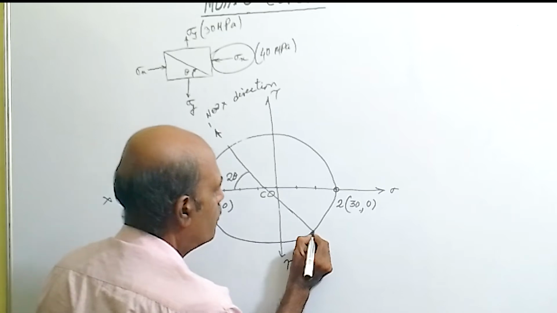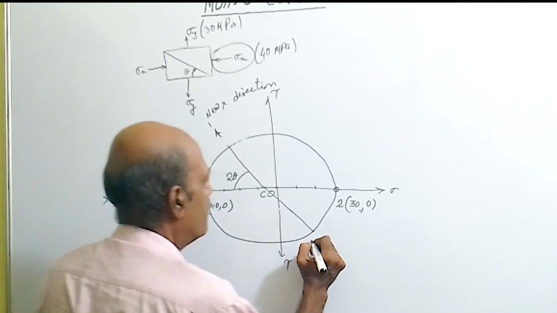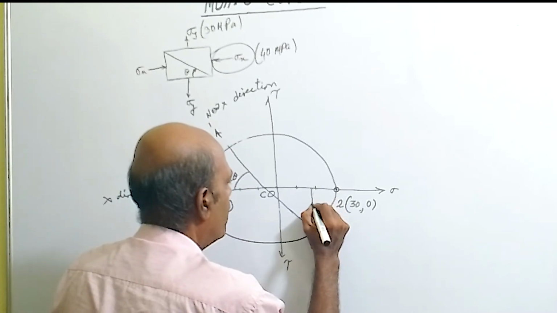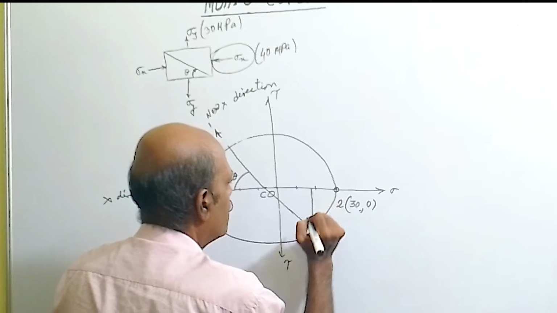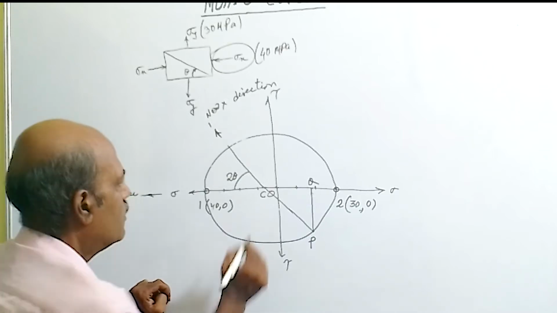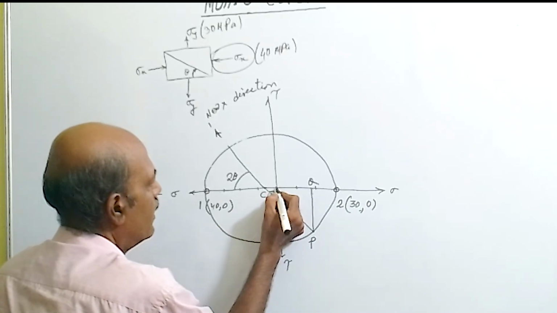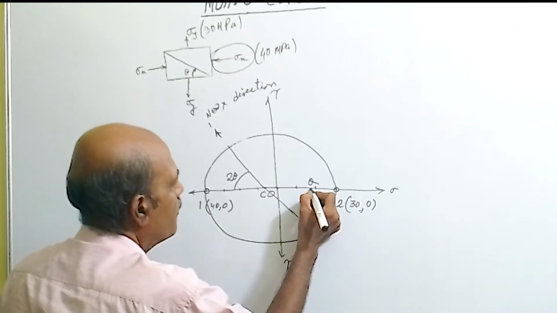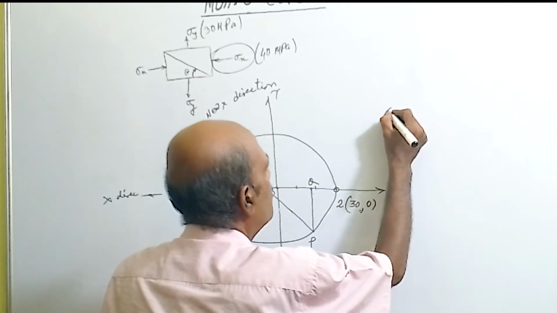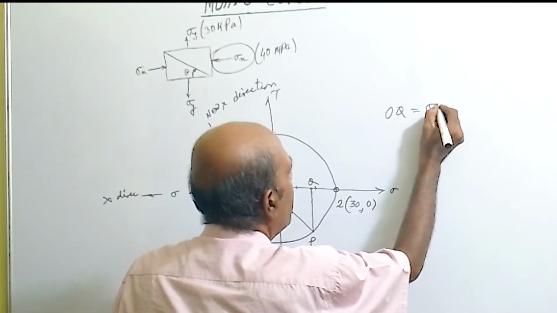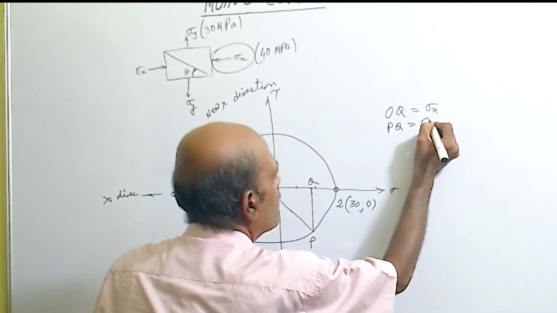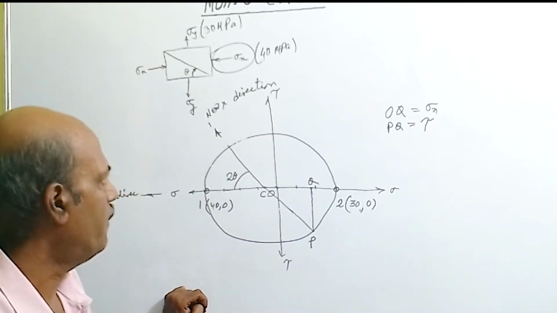This is called the foot of the new x direction and it is marked by point P. From this point drop the perpendicular to the sigma axis and this point is marked as Q. Now this point is C, the center of the Mohr circle, this point is the origin O, and this is Q. Measure distance OQ, it will give the sigma n value; measure distance PQ, it will give the tau value on the inclined plane.